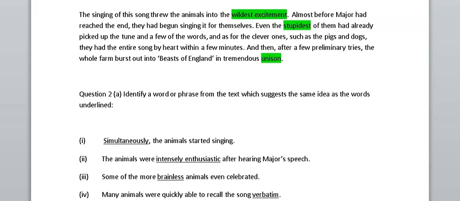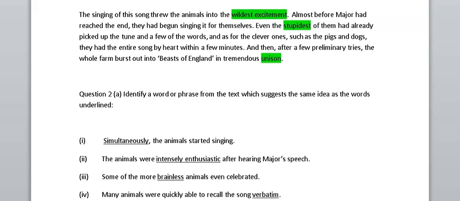Now, recalling something verbatim means you know it word for word. Now, can you find a word or a phrase which suggests that idea? Quite a difficult one, guys, but I'm going to give you 5 seconds. 5, 4, 3, 2, 1.